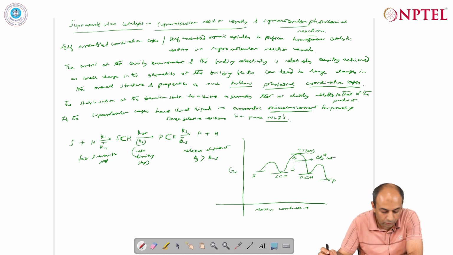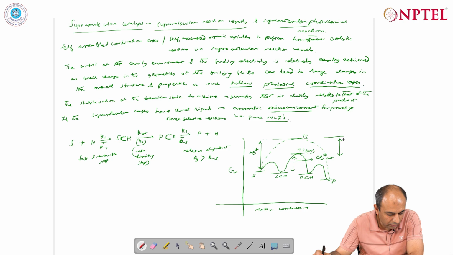This is the delta G dagger for the catalytic step, and if we are to take the uncatalyzed pathway, then a conversion from the substrate to the product happens, where this is a transition state for the uncatalyzed pathway, this is the delta G dagger for the uncatalyzed pathway, and this now gives us the delta G difference for the two transition states.